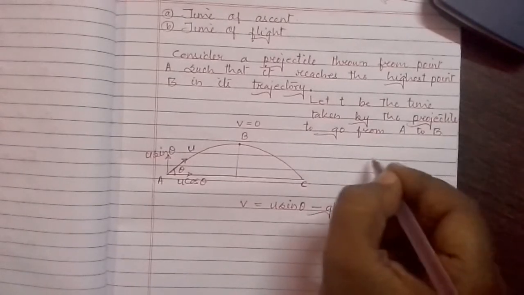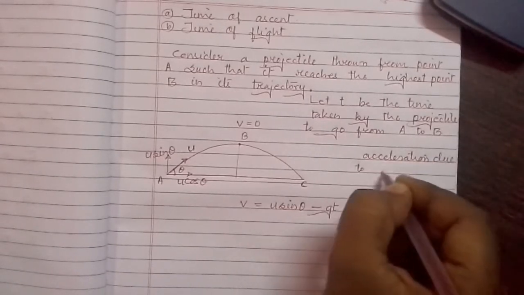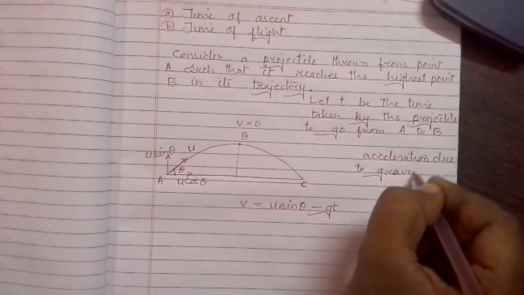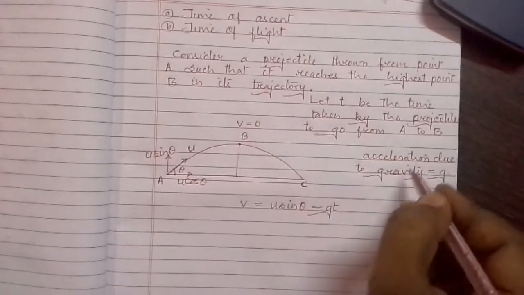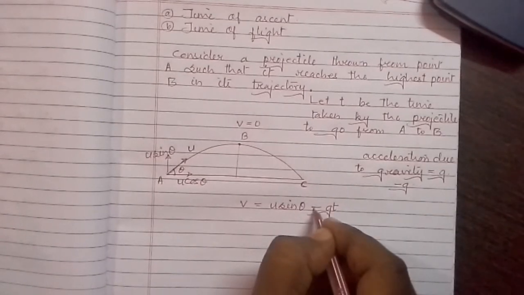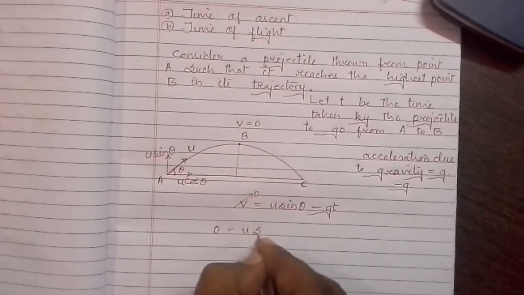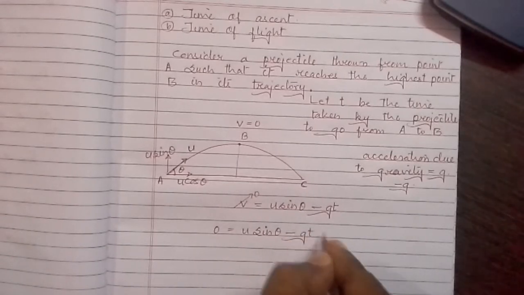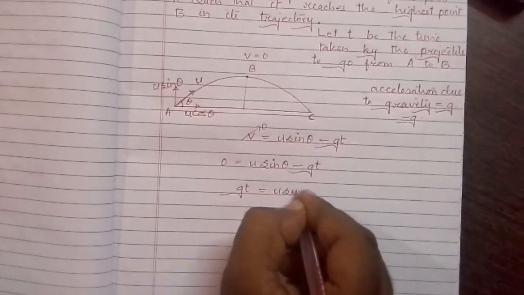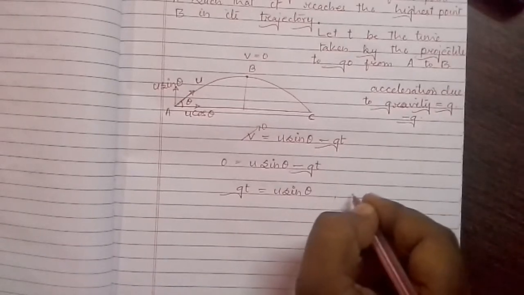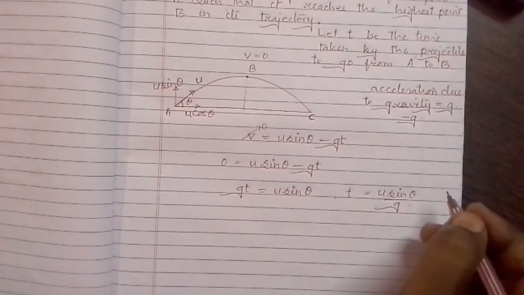Since the body is thrown upward, acceleration due to gravity is g, but since the velocity is gradually reducing, the gravity will be minus g as we have written here, and final velocity v is 0, so we have 0 is equal to u sin theta minus gt, or gt is equal to u sin theta, or t is equal to u sin theta by g. So this is the expression for time of ascent.